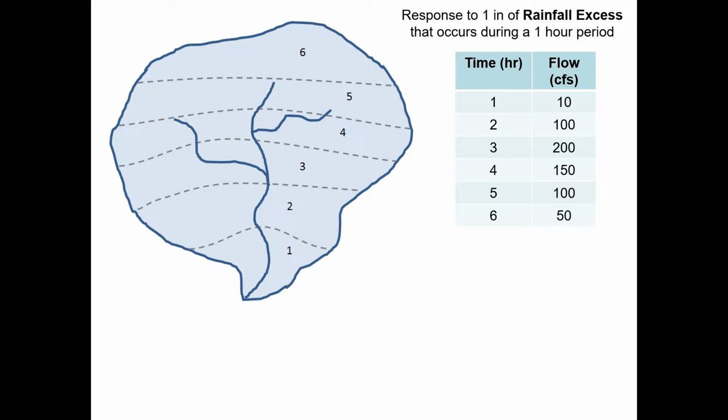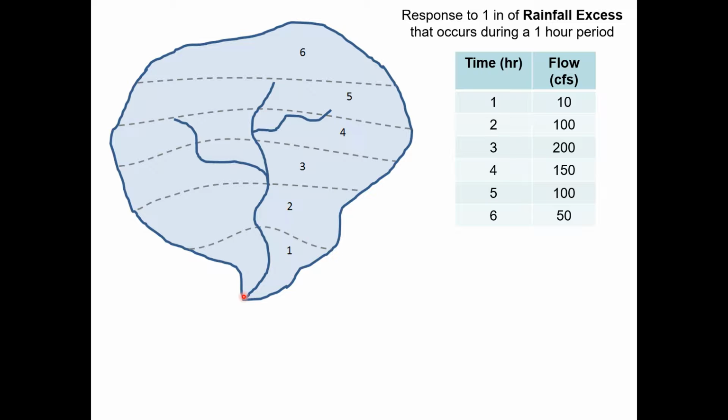So we've accomplished the abstractions. There's still additional leftover water. So 1 inch of rainfall excess, if it fell everywhere on this watershed during a 1 hour time period, then this is the runoff hydrograph that we would see at the outlet.